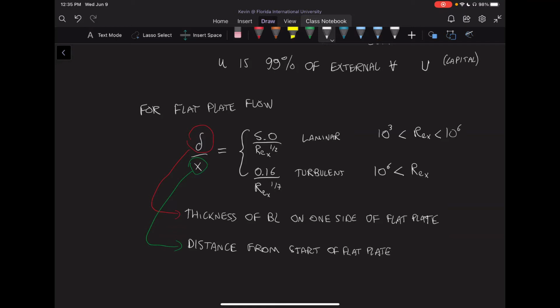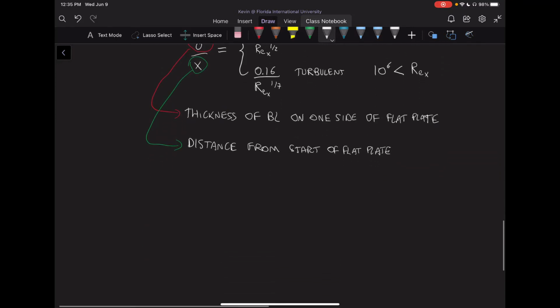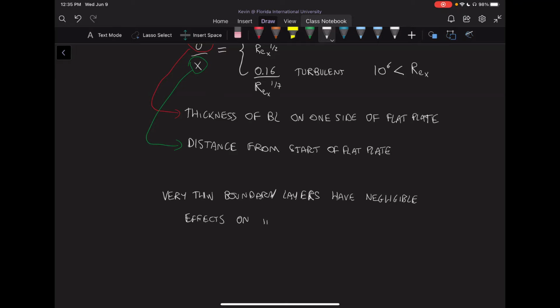Okay, so we can also say that in general, boundary layers are very thin. Okay, so very thin boundary layers, we can say that they have negligible effects on the inviscid layer.